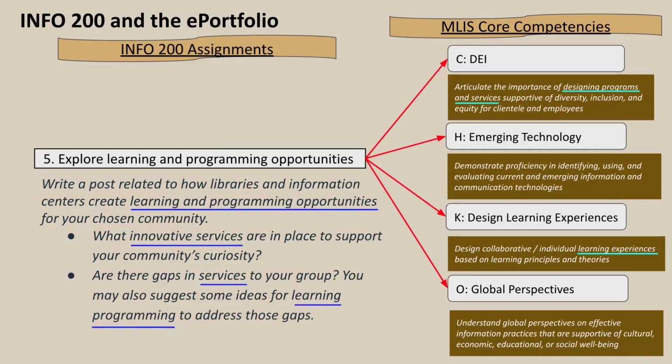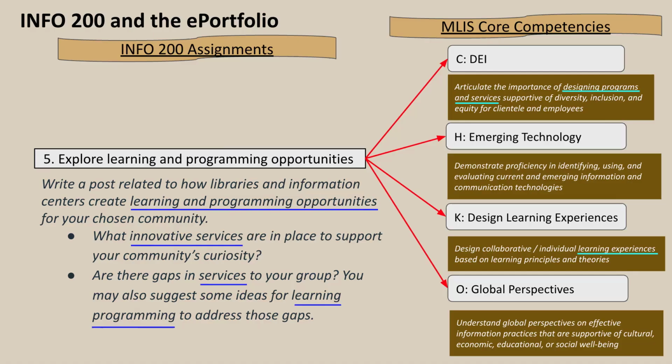Blog 5 asks you to explore how libraries and information centers create learning and programming opportunities for your chosen community. And it asks, what are the innovative services and programs that promote learning? Blog 5 might be good evidence for Comp C, since you may be dealing with a program or service supportive of diversity, equity, and inclusion.